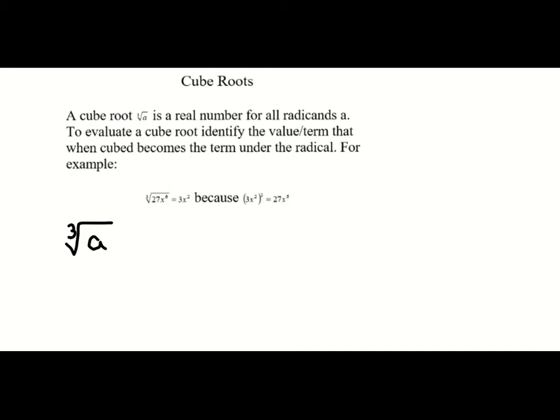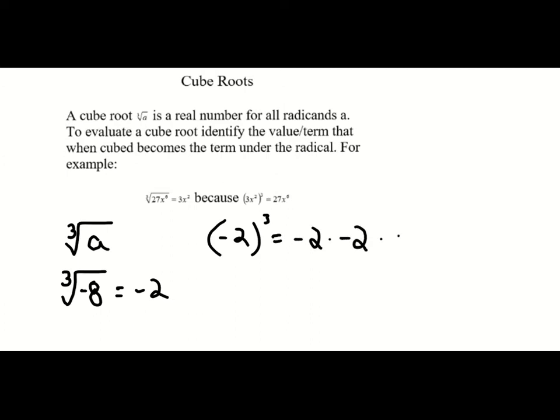It can be positive or negative. Because if I'm going to find, and we talked about the cubed root of 8 earlier, if I'm going to find the cubed root of negative 8 though, my answer is going to be not positive 2, but negative 2 here. And that is because if I take negative 2 and I cube it, I would do negative 2 times negative 2 times negative 2.